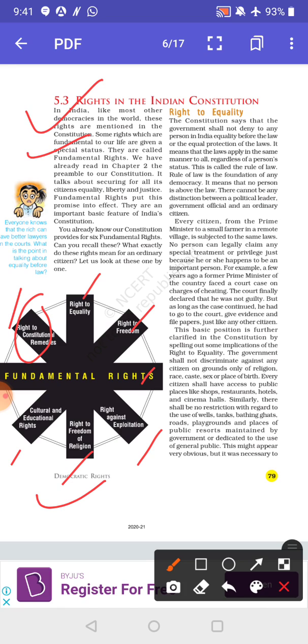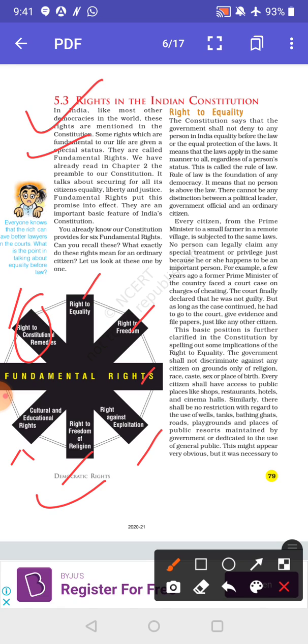Under this right, citizens have the power to move to a court of law, even the Supreme Court, if their fundamental rights are denied.